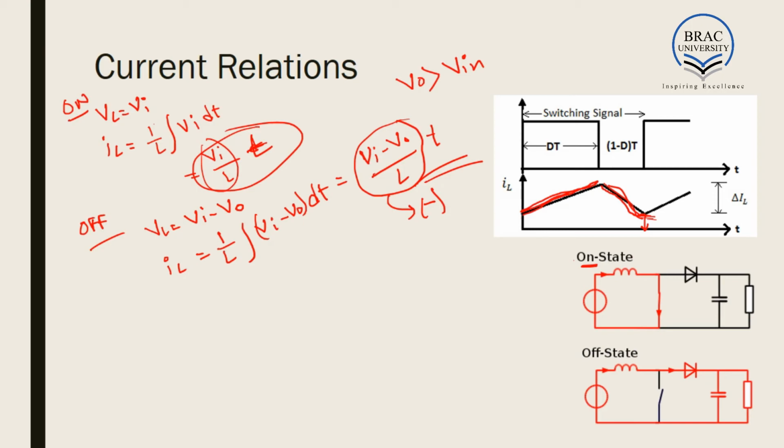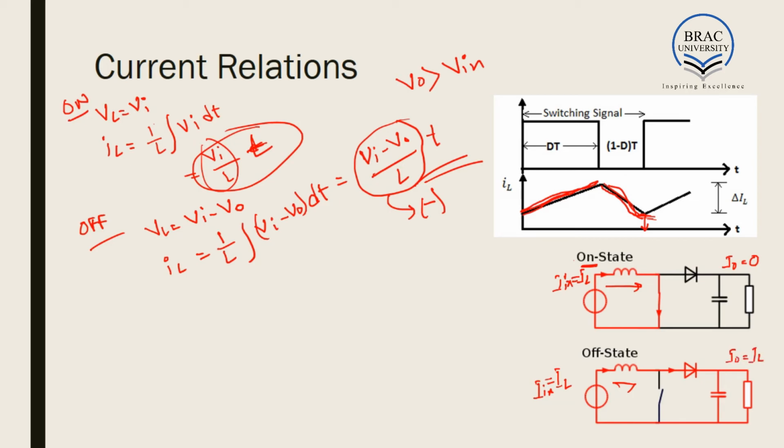Okay, now the input output relations of current we can find out. In the on state we get I in is equal to IL and I out is equal to 0. In the off state we also get I in is equal to IL, and I out is equal to IL.